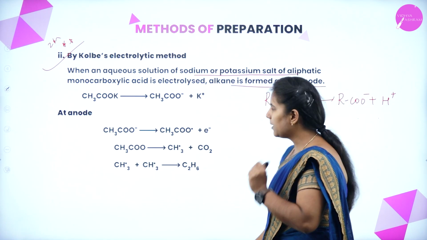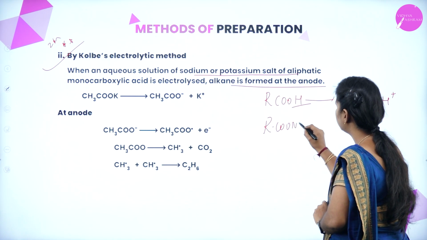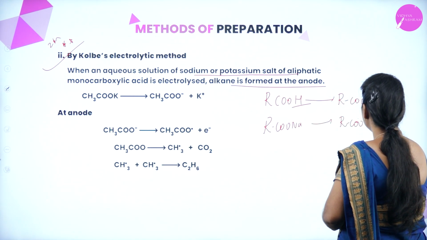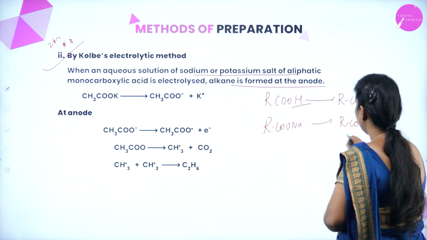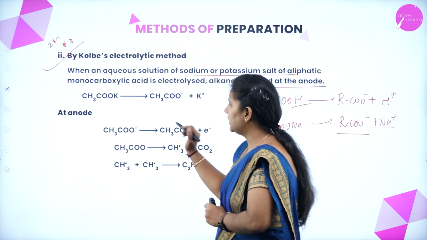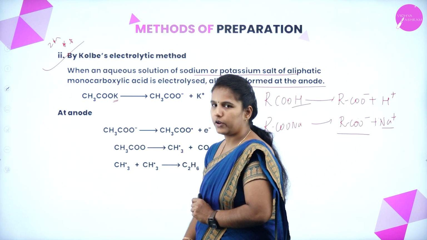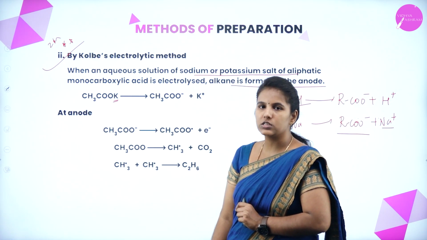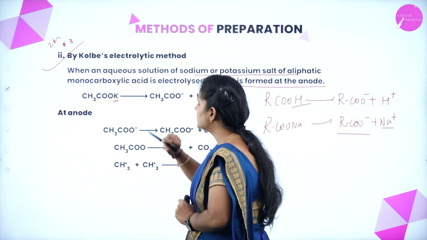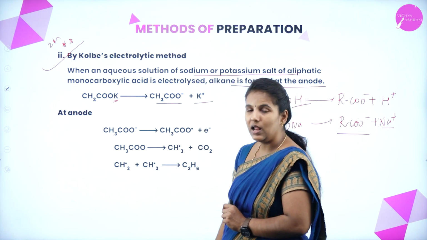Like that, if I replace the H with sodium, it will become RCOO minus plus Na plus. Sodium is my cation and RCOO minus is my anion. That is why I have written this example where I am replacing the H with potassium. This is the potassium salt of carboxylic acid, CH3COOK, which upon electrolysis gives rise to an anion as well as one cation.